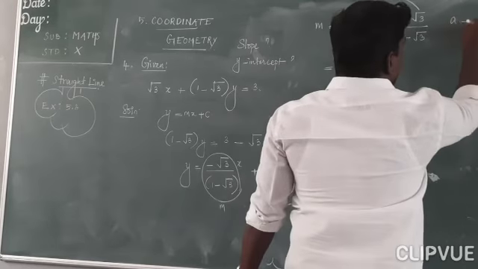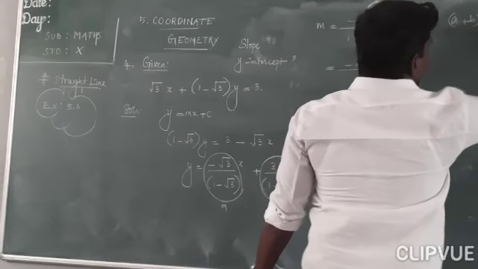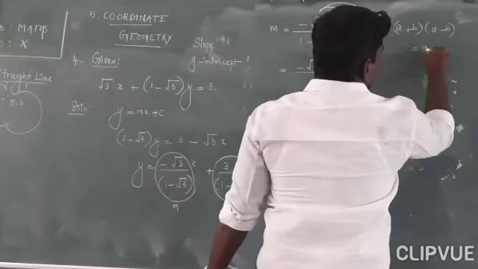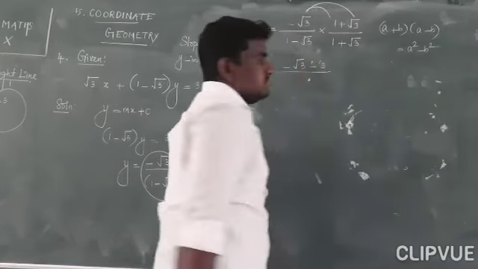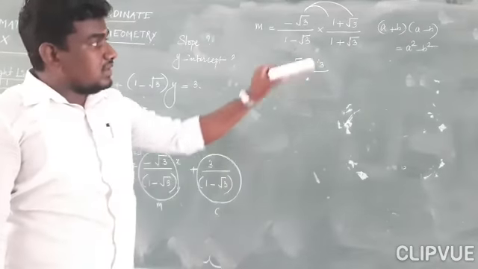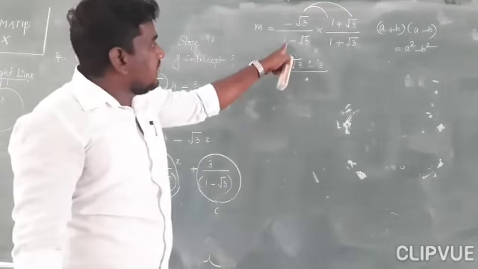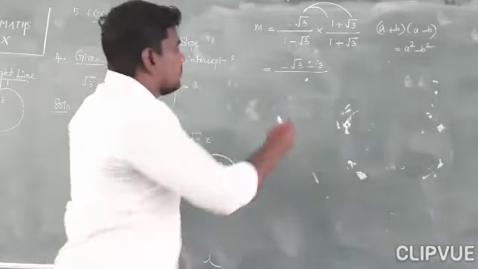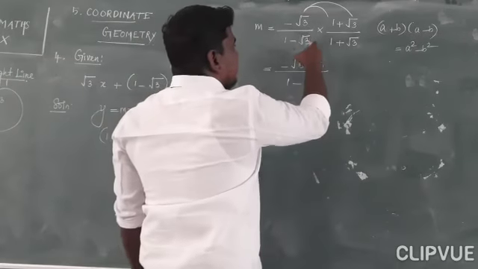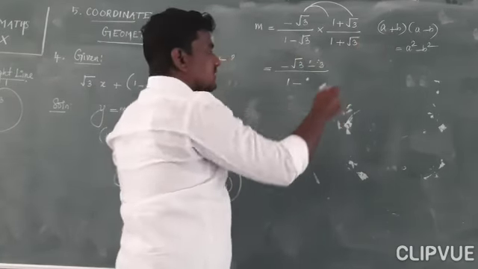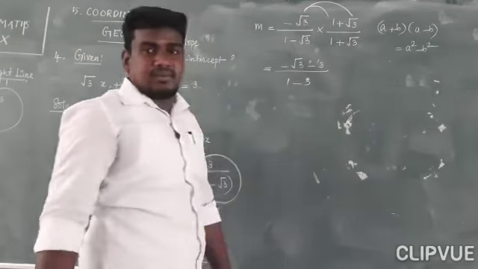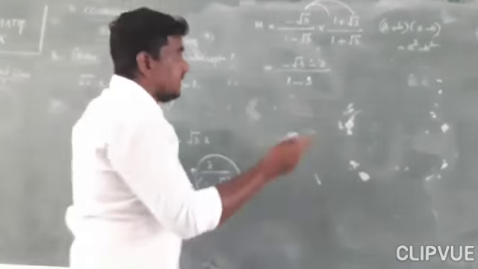Know that a plus b into a minus b is equal to a square minus b square. So a is 1, 1 square is 1, minus b square, b is root 3, root 3 square is 3.